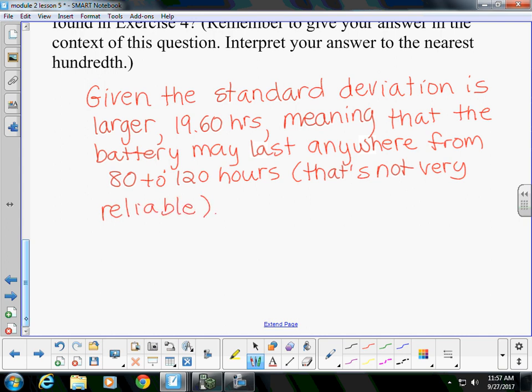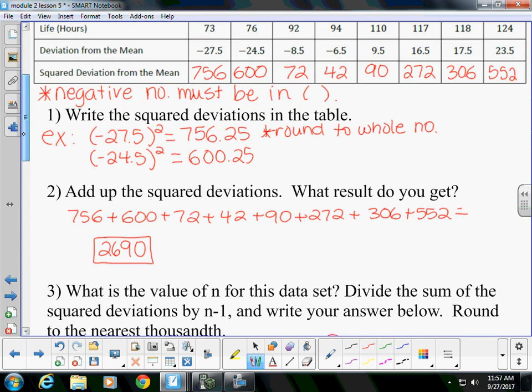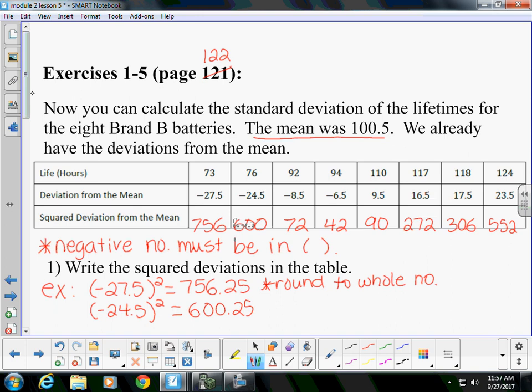It would be better to have a smaller standard deviation, let's say only 2 hours, only 5 hours, for example, because then if the average battery life was 100 hours, you would be able to rely on it more, because you would know that it might only be off by 2 hours.